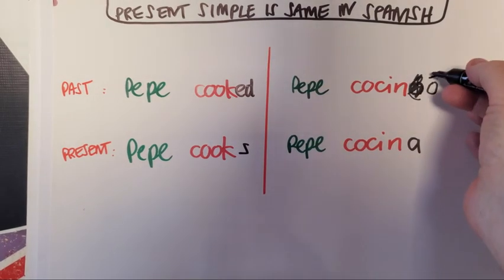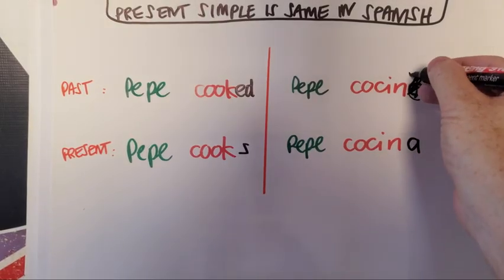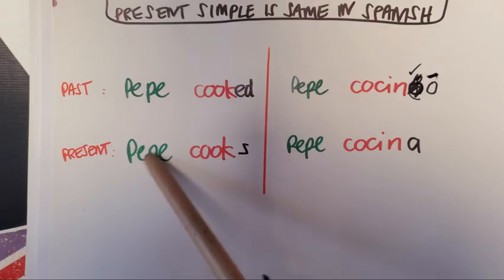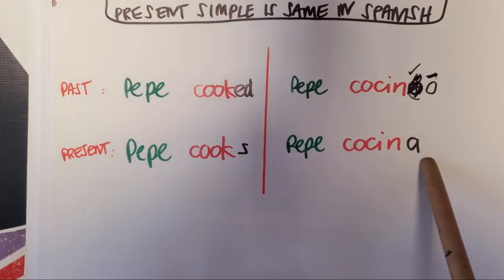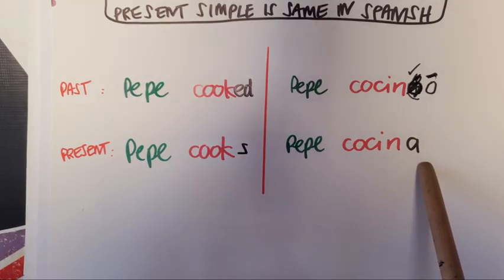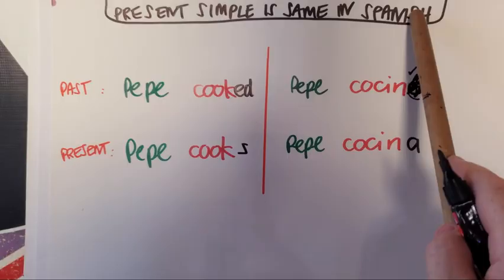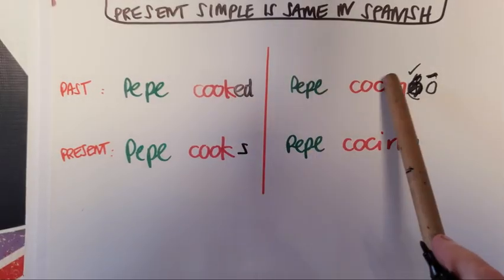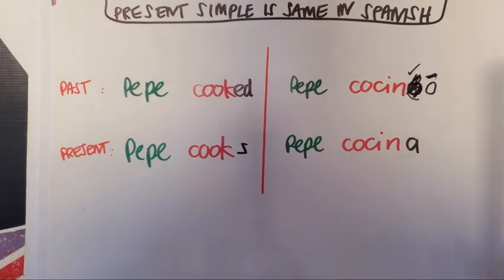But when it has an accent there, it means the third person cooked. The way it was correct. So the present simple is Pepe cooks. And in Spanish it's Pepe cocina. Present simple is the same in Spanish. It just has one word. Pepe cooked, Pepe cocinó, and Pepe cooks in the present, Pepe cocina.